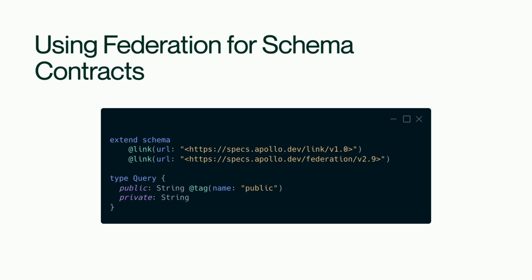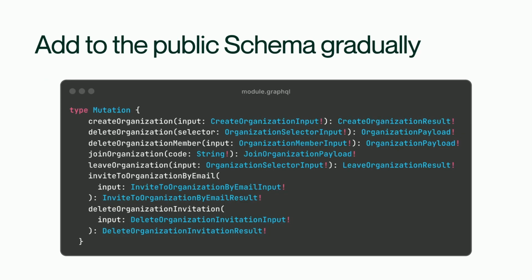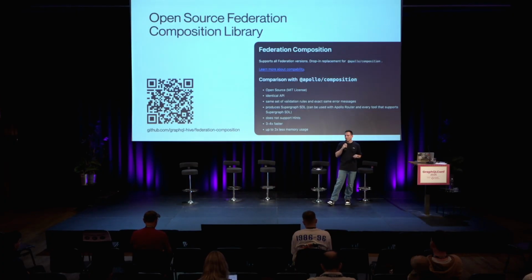And then we create a schema contract that only contains fields that are tagged with public, and boom, we have our schema filtering. This is actually from our GraphQL schema. This basically allowed us to, over time, add parts of our GraphQL schema from the private schema to the public schema as we refactored it, and were comfortable with exposing it to other people.